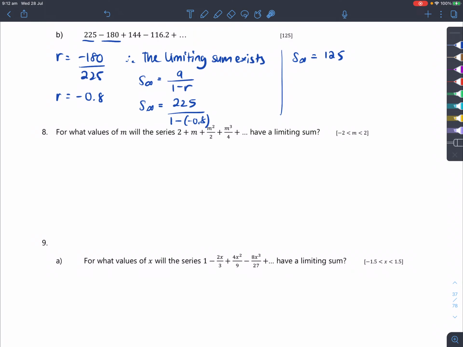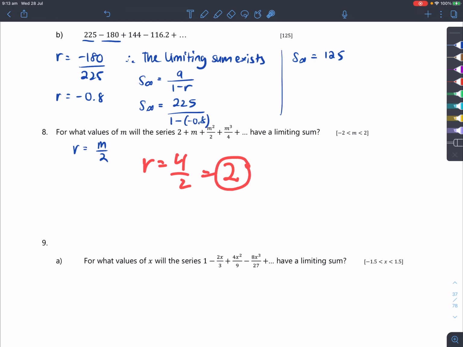Question 8. For what values of m will the series have a limiting sum? Usually we start with this, but if we're finding the value of m, which is part of the ratio, the ratio in this case is m over 2. If you put m as, let's say, the number 4, would the limiting sum exist?